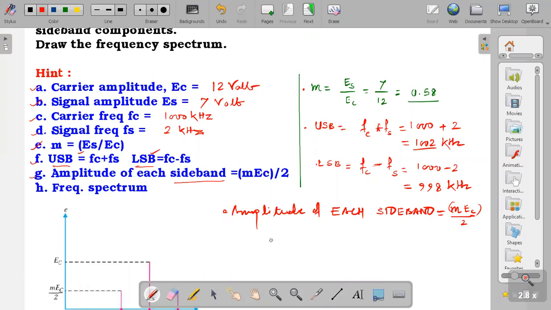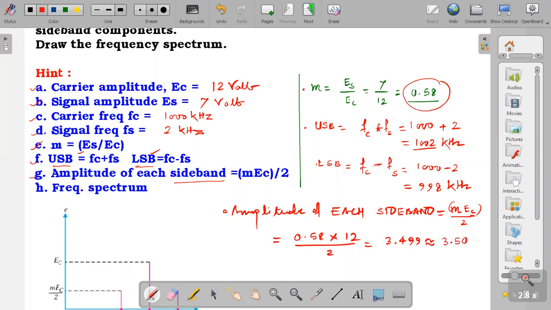Now, what is the value of m? 0.58. Multiplied by Ec. What is Ec? 12. Whole divided by 2. That gives 3.499, which I will write as 3.50.